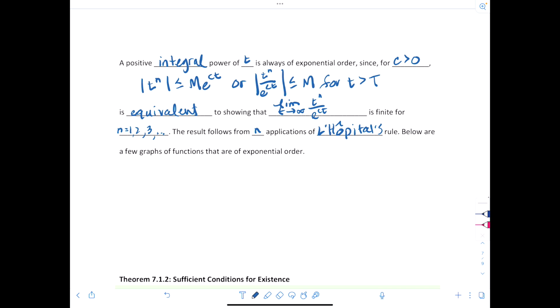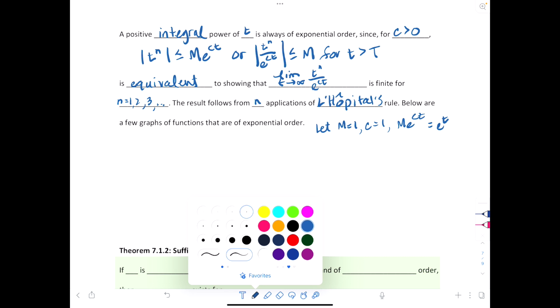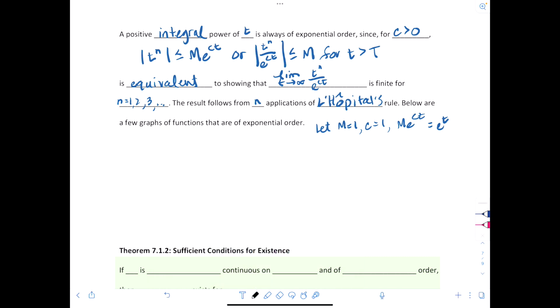Below are a few graphs of functions that are of exponential order. So if we let m equal 1 and c equal 1, then m e to the ct will just equal e to the t. Cool? So let's look at the graphs, the linear transformations that we did already.